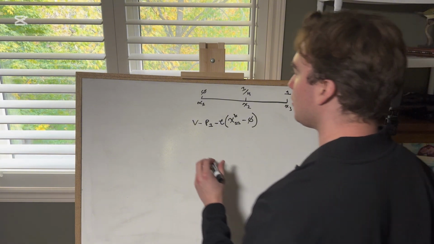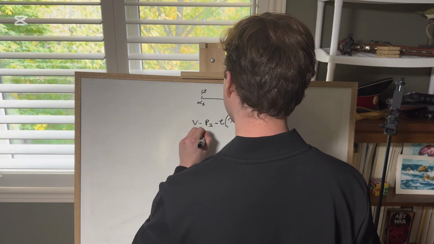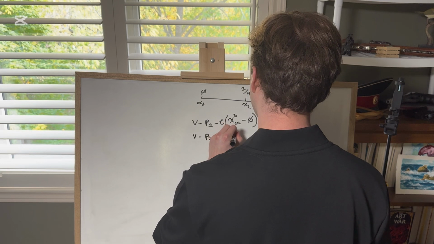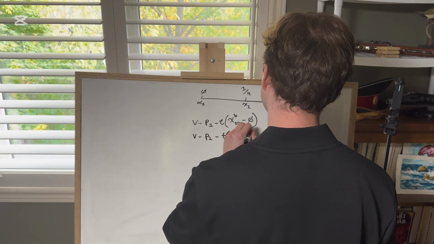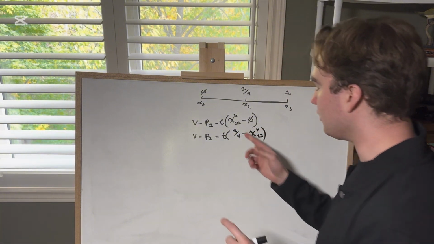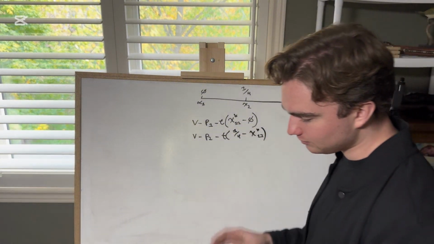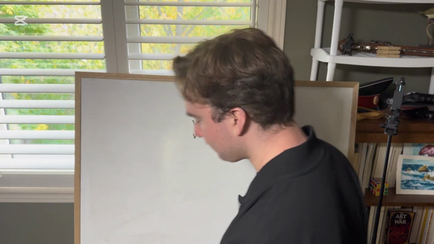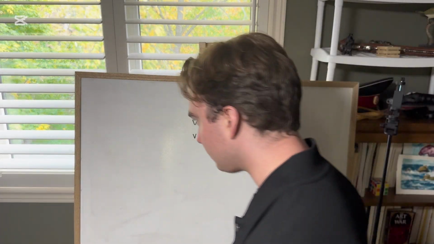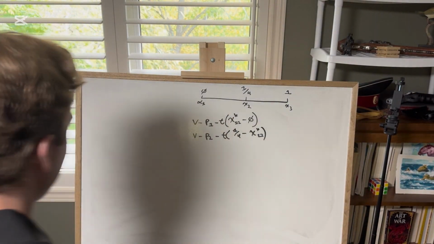And then for X2, it's V less P2 less T times 1/4 less X12. Because again, you're finding the space in between these two areas here. So these are your two functions, and you're setting them equal to each other.